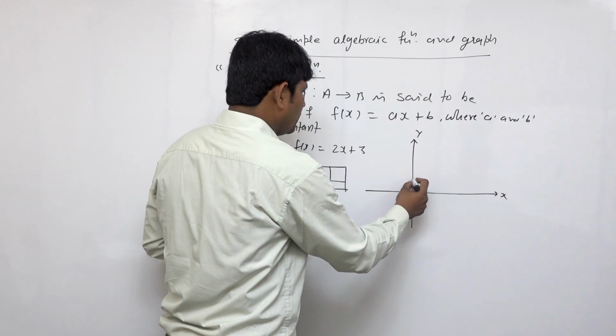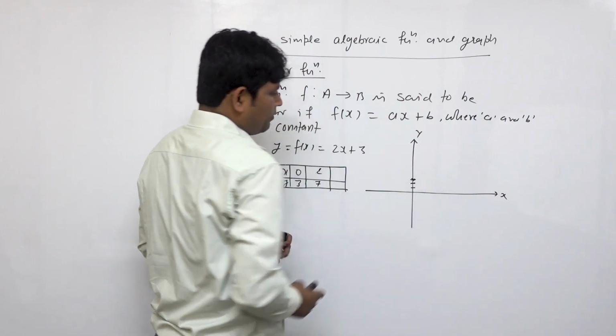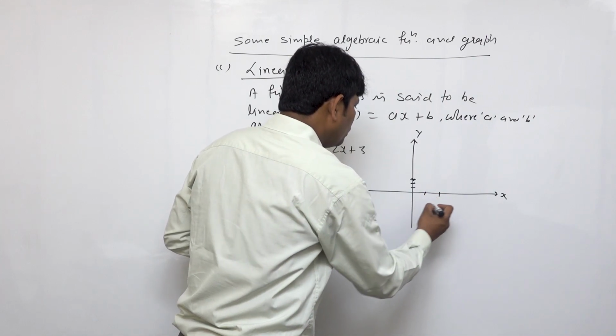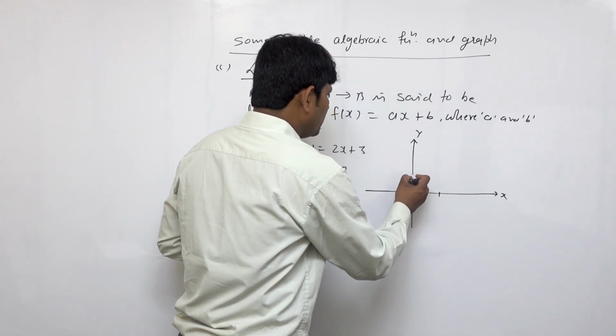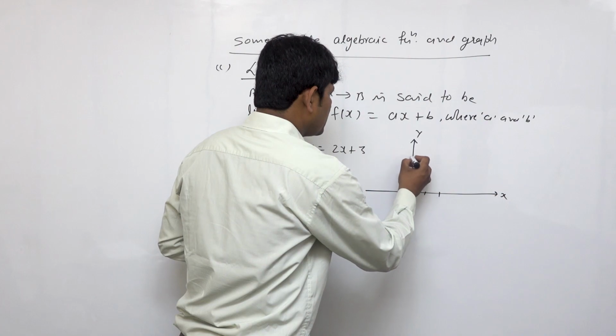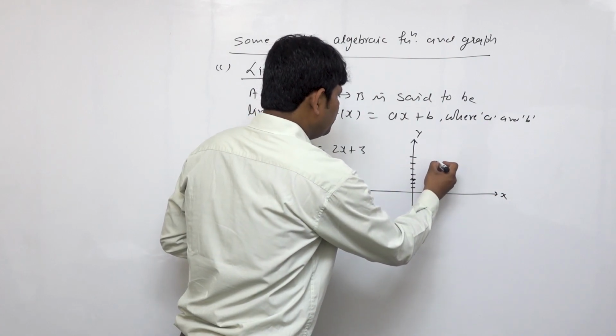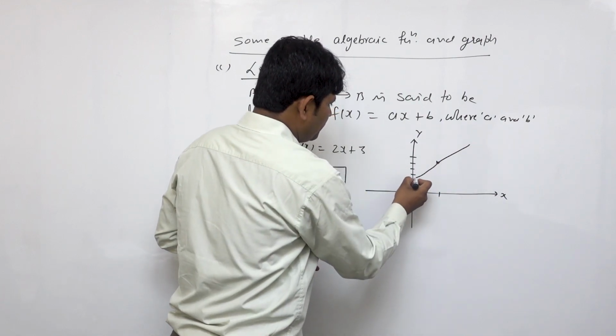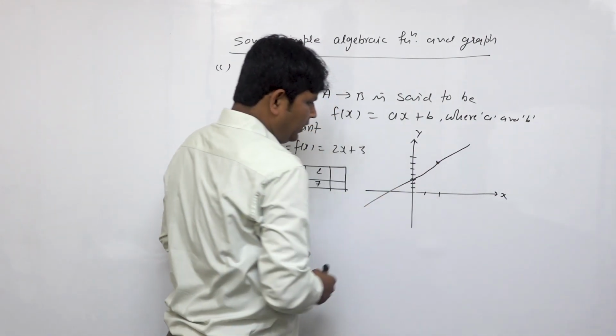1, 2, 3. One point is here, we have to plot. Another is x is equal to 2, y is 7. 1, 2, 3, 4, 5, 6, 7. So 7 is here. So you can join this. So this is a straight line.